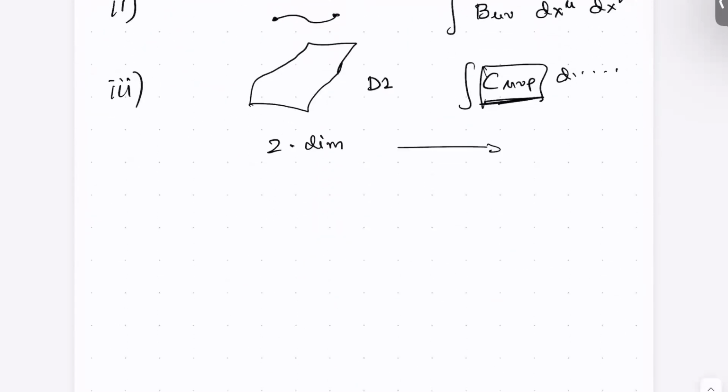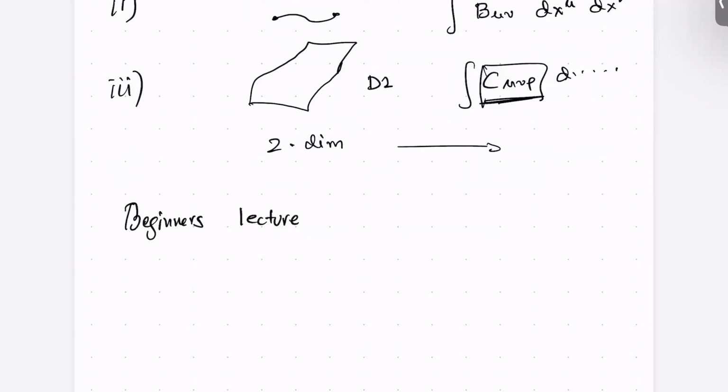In the same way, I advise you to look at, after you are done arriving at the effective action, the beginner's lecture on flux compactification. So there's this section.